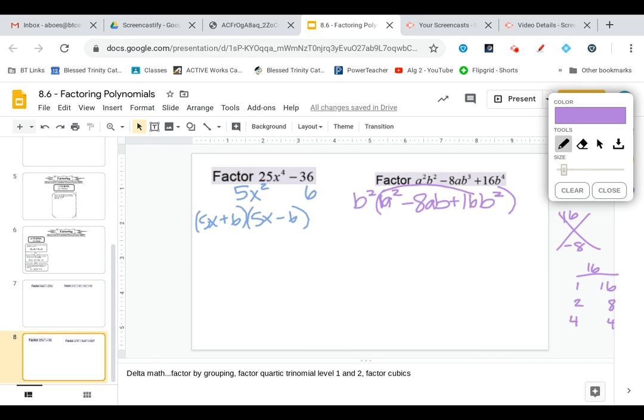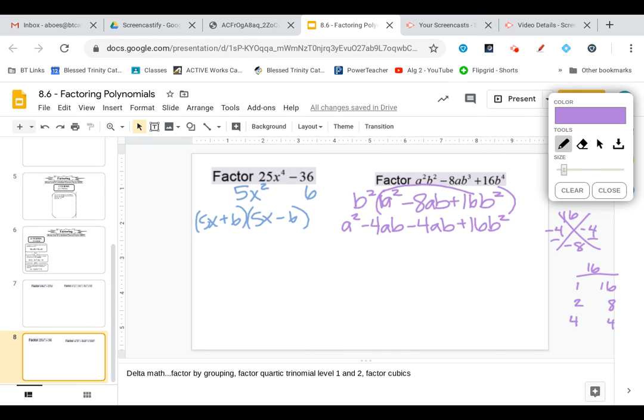So my factors then would be negative 4 and negative 4. So if I split my middle term up, if they have to add to equal ab, that means that the negative 4 and the negative 4 are both going to be abs. So I'll write this as a squared minus 4ab minus 4ab plus 16b squared.